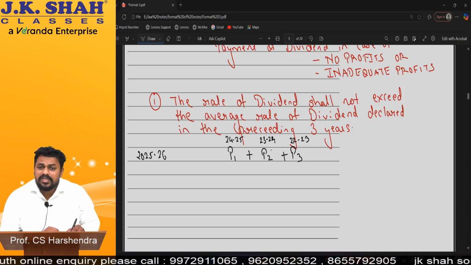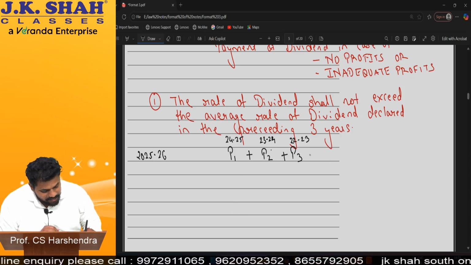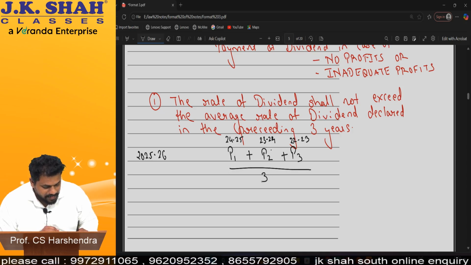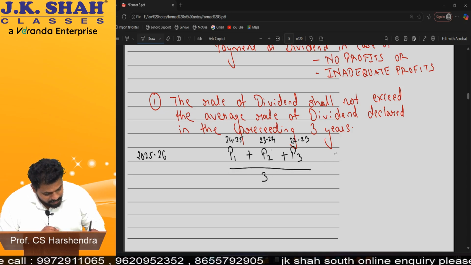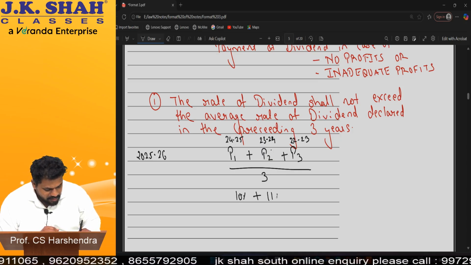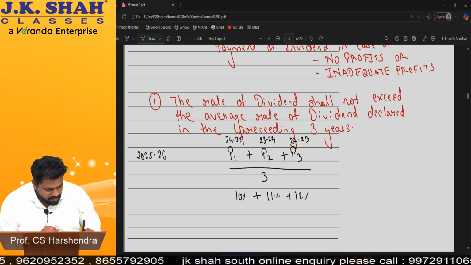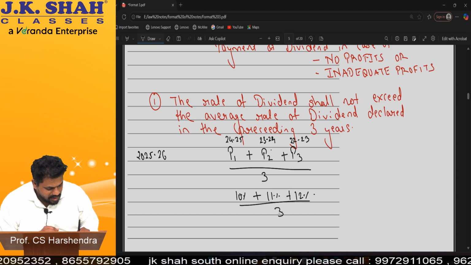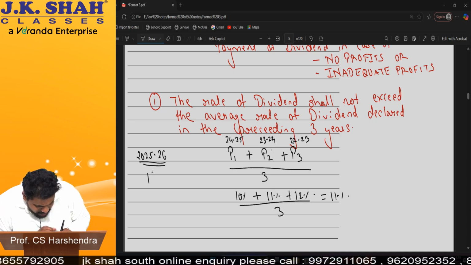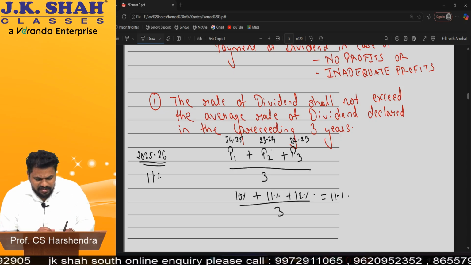How much dividend was given in those years? And I'll take the average, which means divided by 3. For example, P1 was 10%, P2 was 11%, P3 was 12%. What is the average? It is 11%. So this year 25-26 I can pay dividend not exceeding 11%, not more than this.